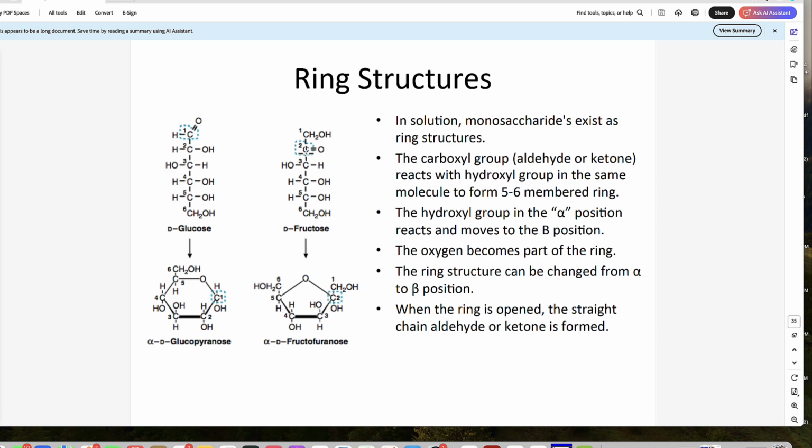It moves to the beta position. The oxygen becomes part of the ring structure, and the ring structure can be changed from the alpha to the beta position, which alters its structure. Same or similar chemical composition, 6 carbon structure, but the positioning of the functional groups will alter how it responds and the structure it creates.